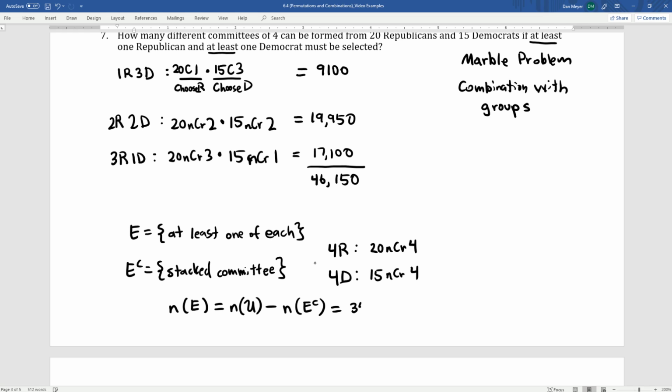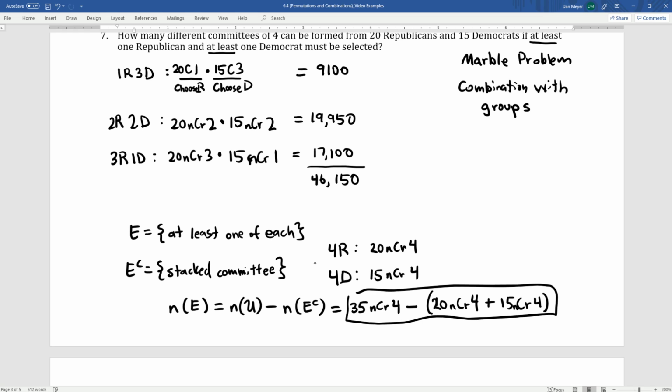We have 35 politicians, and we have to choose 4 of them. So that's the total number of committees. That's the number of things in our universal set. And then minus the 20 choose 4 ways to have all Republicans, plus the 15 choose 4 ways to have all Democrats.